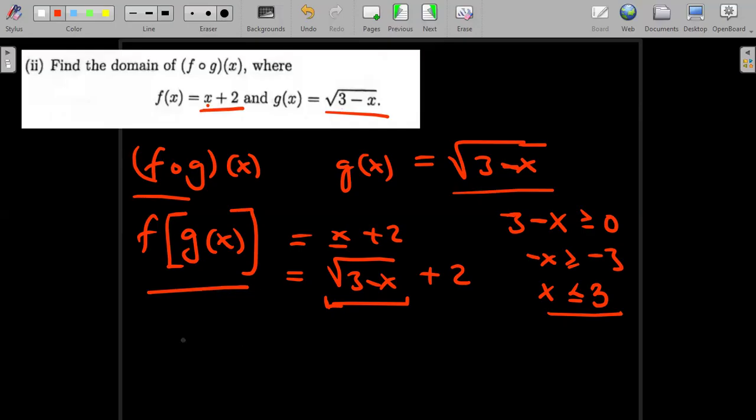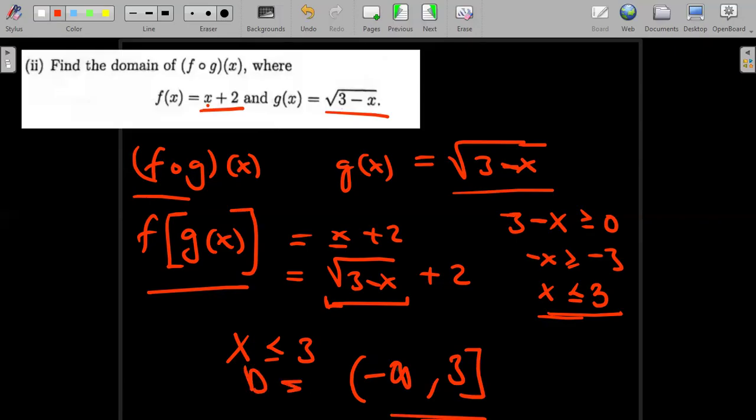So even when we unite them, it's just going to give us the same one, which is just x must be less than or equal to 3. Or you can write it in an interval like this, from negative infinity all the way up to 3. So this is going to be your domain.